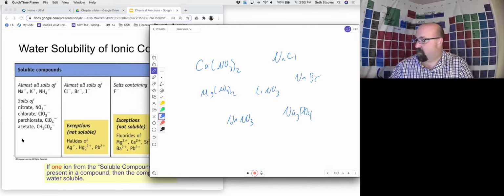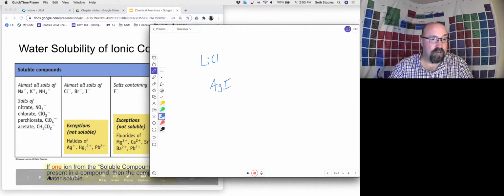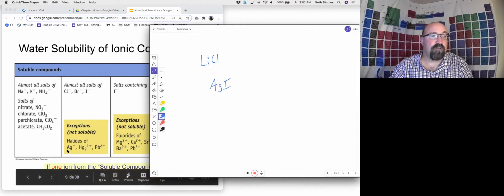If we start to look at some of our chlorides, bromides, and iodides, LiCl, soluble. Lithium's not on our exceptions. AgI, not soluble. So now we see that Ag is one of our exceptions.